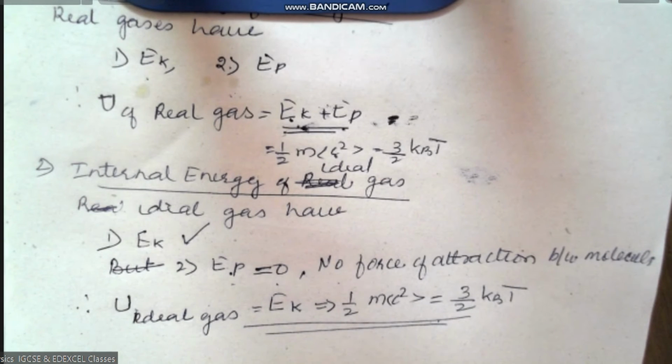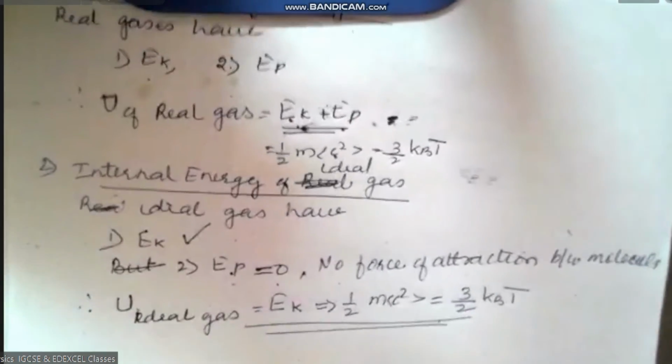Why kinetic? Because they are moving. Why potential? Because there is a force of attraction. Real gases have both, so they have the sum of these two. But ideal gases have no force of attraction, therefore their internal energy is only due to kinetic energy.